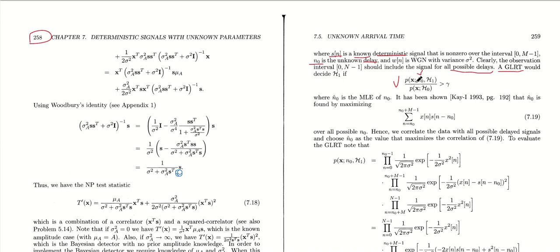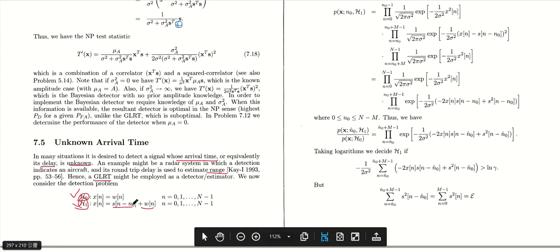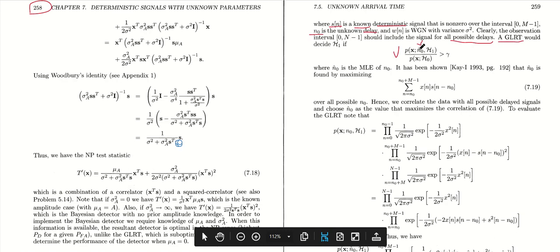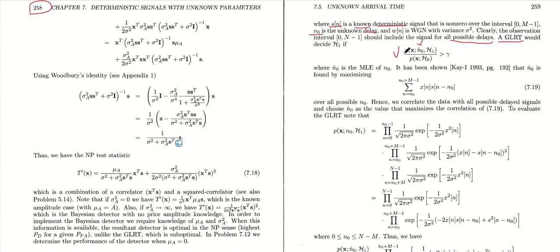Once this N0 is done, we replace it with the estimated N0 hat and put in the likelihood ratio p of x conditional on N0 hat and H1 over p of x conditional on H0, larger than gamma, because this N0 is unknown so we have to estimate it. And N0 hat is the maximum likelihood estimator of N0.